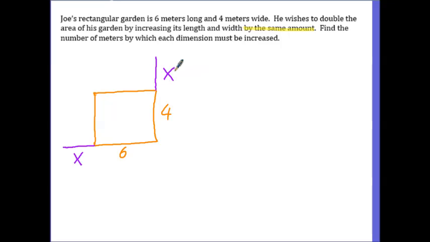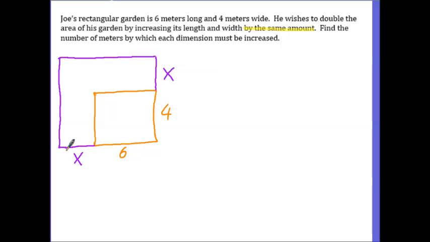And the width by that same amount. See, because it's the same amount, we can use the same variable, and that will make it possible for us to even solve this. If it was two different amounts, we would have two different variables, and then we can't just find one solution based on this information.